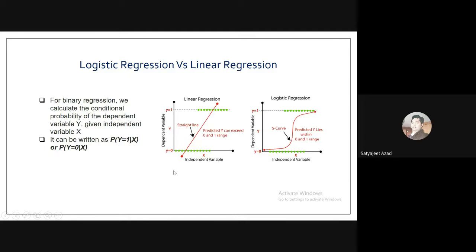That is why it's a straight line going beyond 1 and also going below zero. But in logistic regression, due to the sigmoid function, the value cannot go beyond 1 and cannot go below 0. This is how you can distinguish between linear and logistic regression.